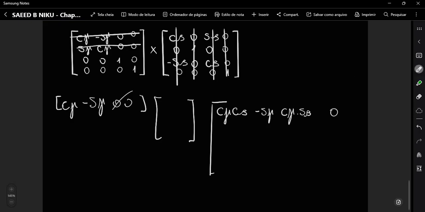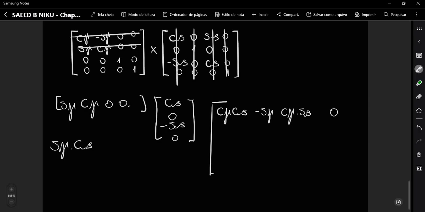Now is this line with each column. Sine of gamma, cosine of gamma, 0, 0, cosine of beta, 0, minus sine of beta and 0. So it's sine of gamma times cosine of beta. And right here, sine of gamma, cosine of beta. Okay, and now 0, 1, 0, 0.